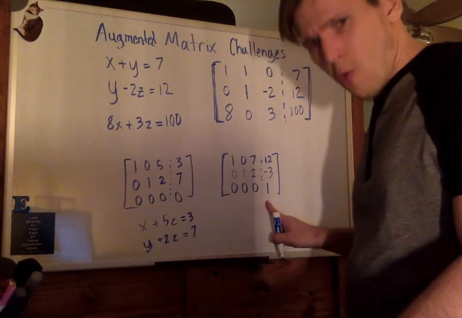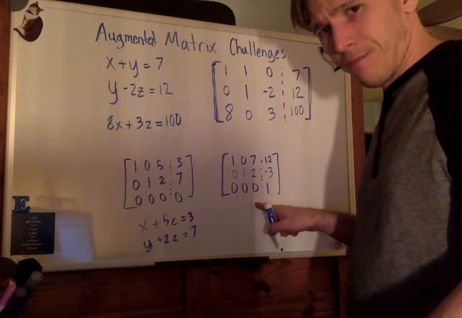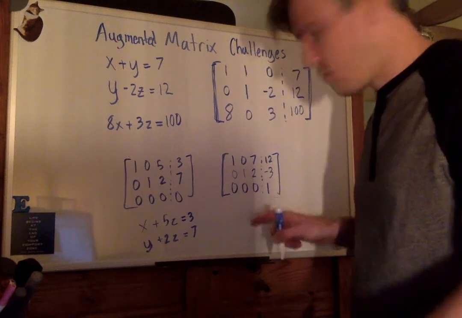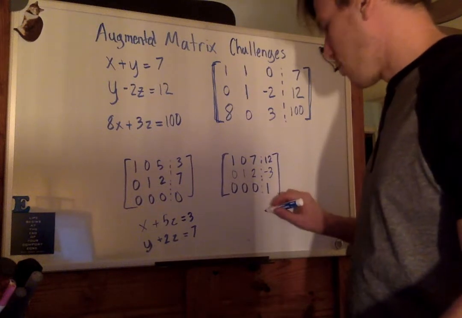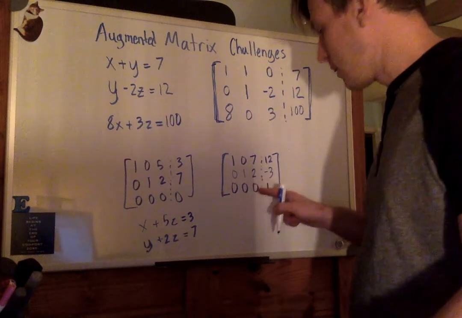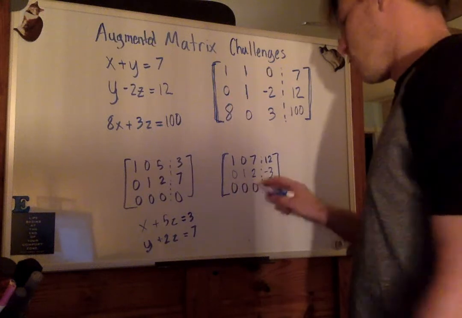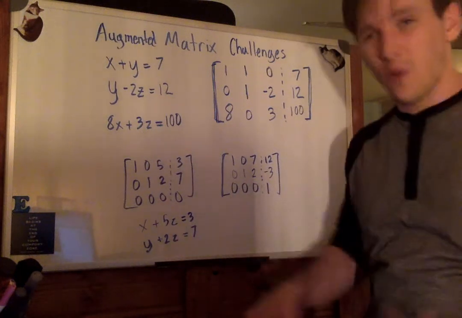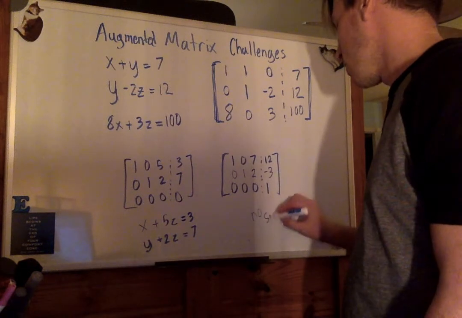There is no world in which adding nothing to nothing to nothing and nothing else will yield you a 1. So for that reason, this is never true. It is impossible for the system represented by this matrix to ever be true because there is no world in which 0 plus 0 plus 0 will add up to 1. And so for that reason, this entire system would be one where you could write no solutions.